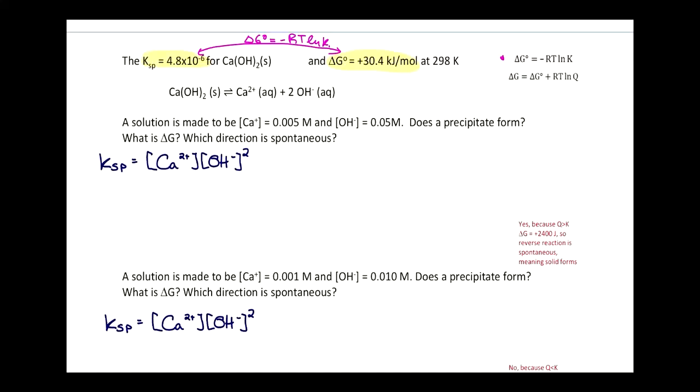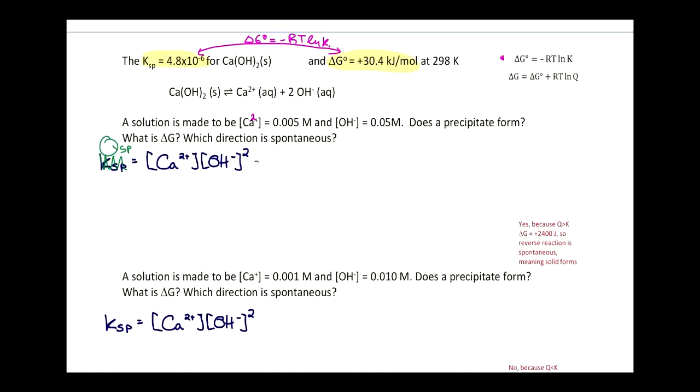So in this first one, we make a solution that's 0.005 molarity calcium, which should be 2+, and hydroxide 0.05 molarity. I'm not quite sure if this is at equilibrium or not. So what we're going to do is calculate Q given these concentrations, and compare it to K, just like we did in chapter 15 or 16.